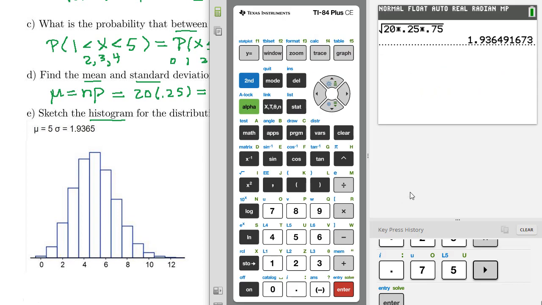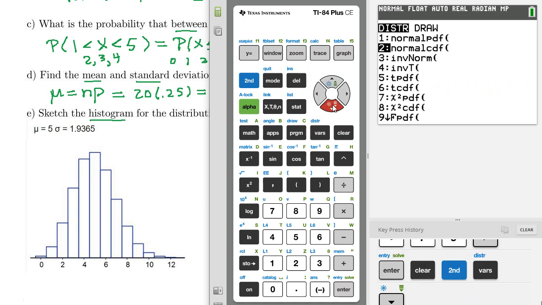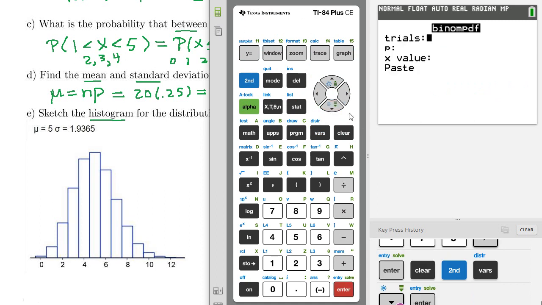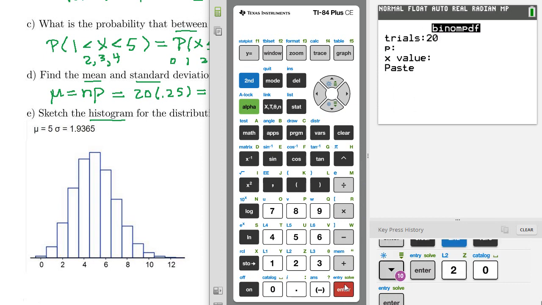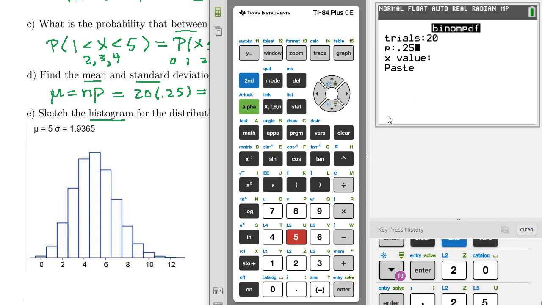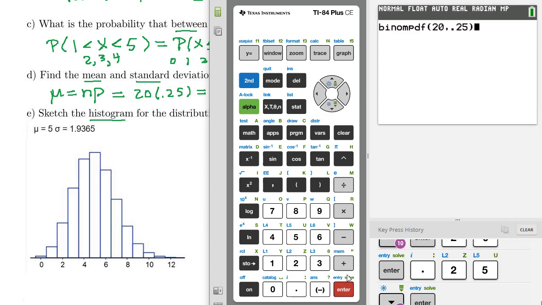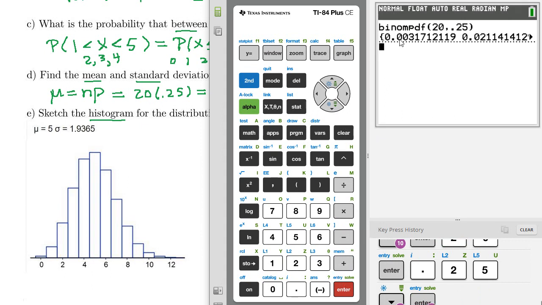On the calculator, go to second variables, come down to Binomial Pdf, option A, trials are 20, success 0.25, and leave your x value blank. Come down, paste it, and enter. Our probability of 0 is 0.00317, so 0.0032. Probability of 1, 0.0211, and so on.